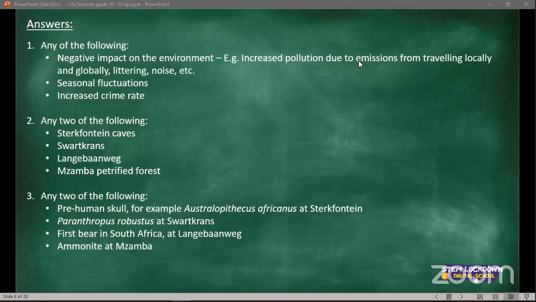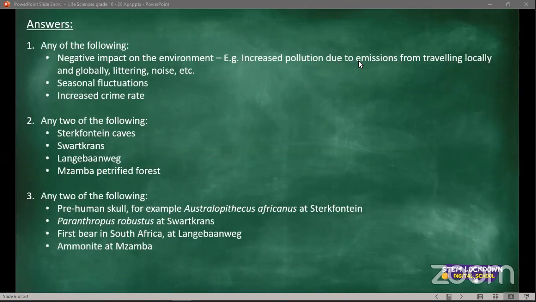I don't get that one. Well, it increases crime by, as a lot of tourists come to our country, we see there is an opportunity to rob them, or even hijack them. So there have been cases reported of people who have been hijacked or affected. Okay, guys.